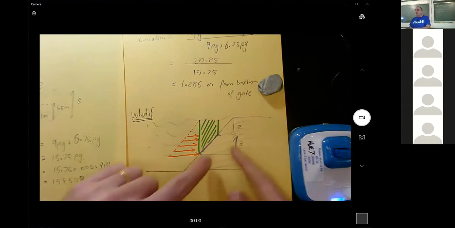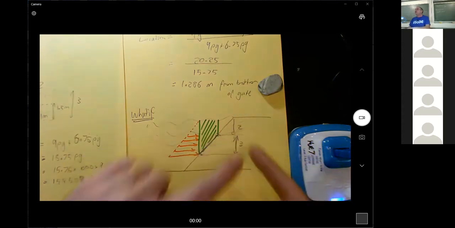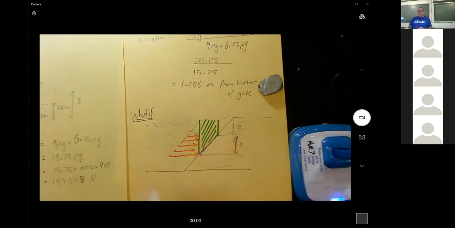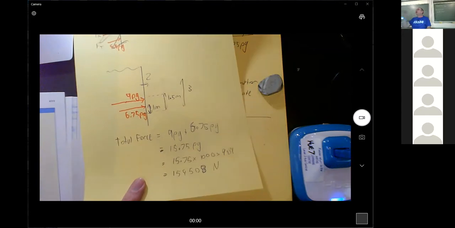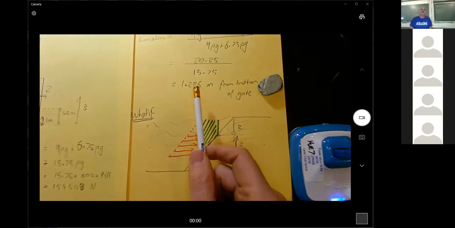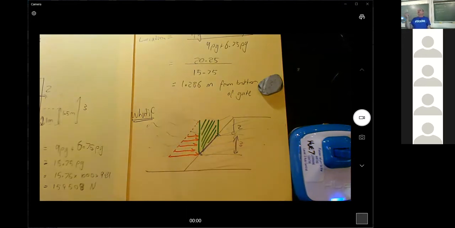You'd need to do trigonometry based on the angle to figure out the actual depth. But if it was 2 down to here and 3 down to here, this bit would be exactly the same as what we just figured out. Yes, awesome. And so I could replace this with that single force that I just calculated, or if I like, just use 2 of them. Yep.